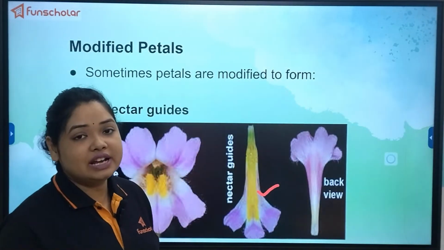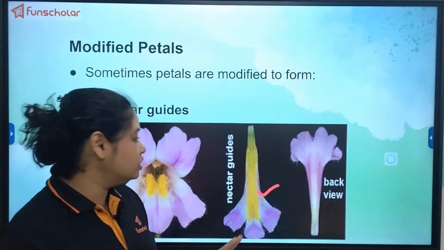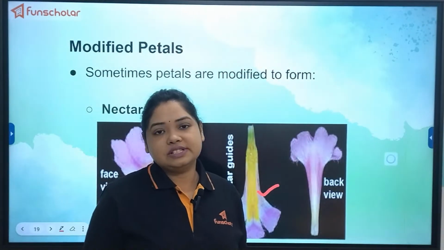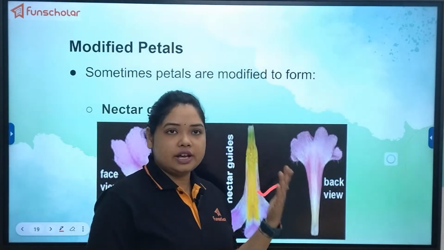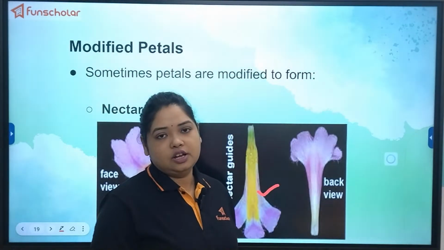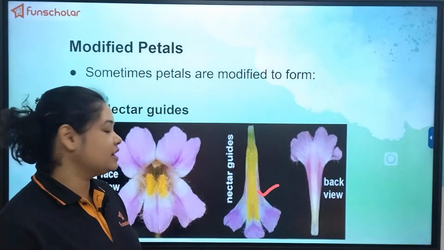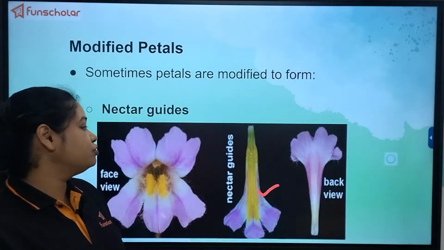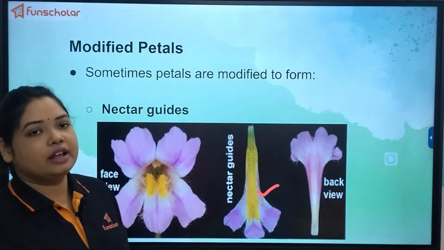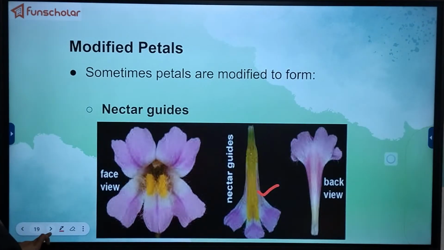So this actually guides the pollinators to the nectar, which is present at the base of either the ovary or the petal. So therefore they are named as nectar guides, and they help the pollinators to draw the nectar during the process of pollination.